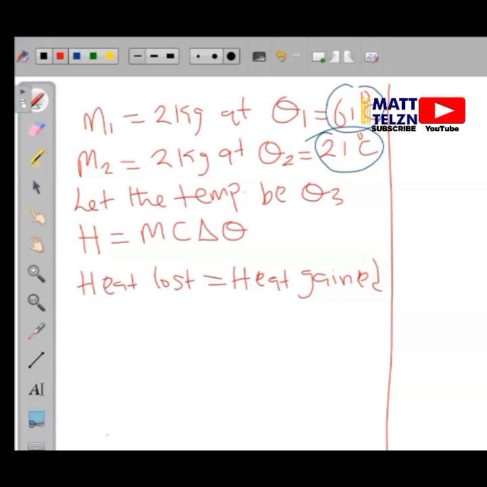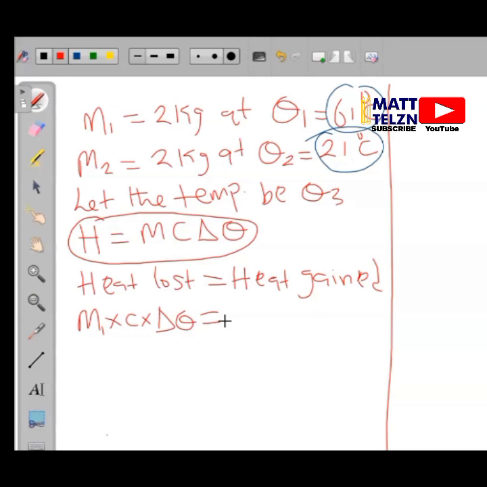So according to this principle, quantity of heat, I'm going to have my heat loss. I'll express my heat loss as what? M1 times the specific heat capacity times change in temperature, equal to the heat gain, which is equal to what?